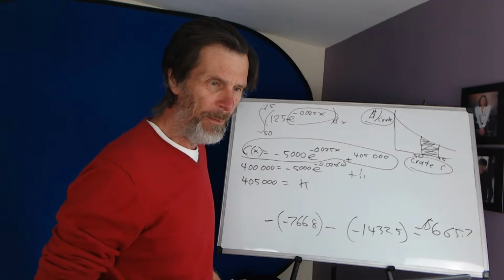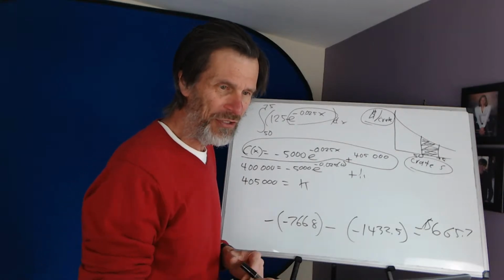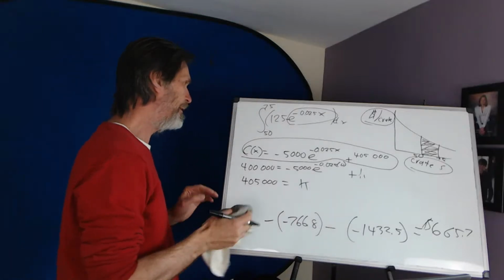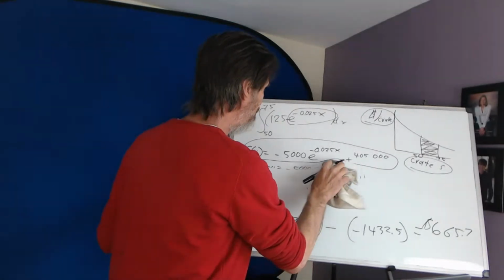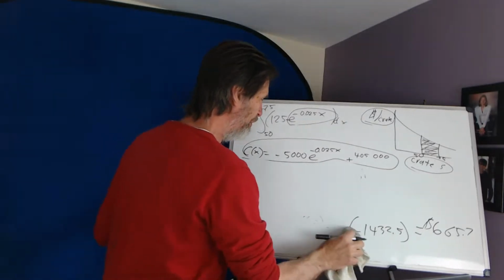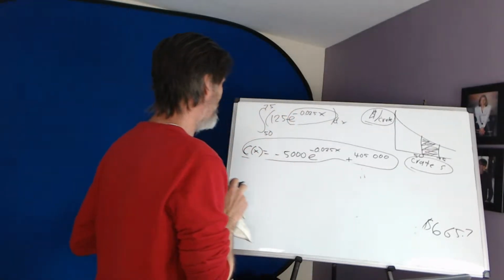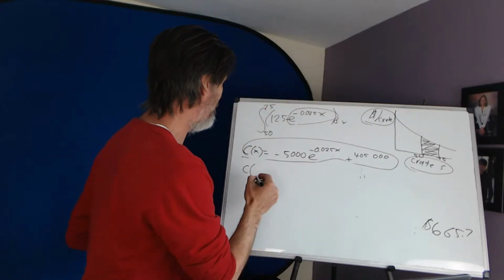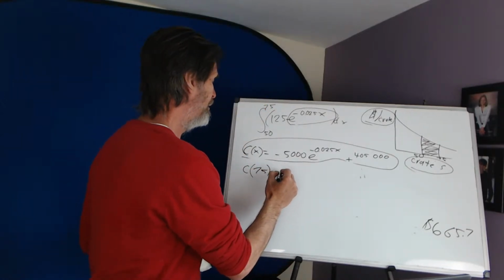So there's part B. Use this function to find the total cost of producing 75 crates. If someone wants to do the work ahead, I'll put the answer up here, and we'll make sure it makes sense. What's the total cost going to be if we produce 75 crates?